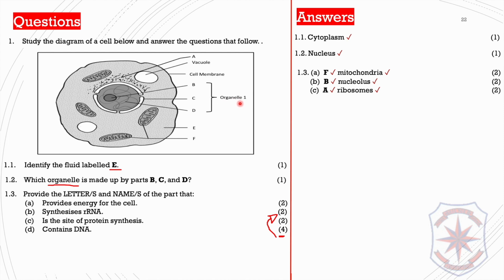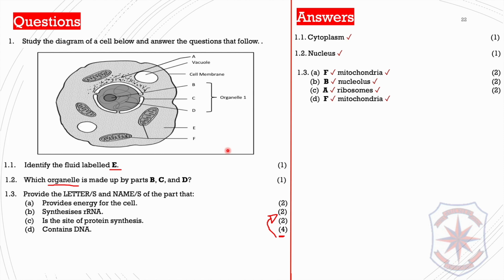So in organelle 1, and organelle 1 we said is the nucleus. 1 mark for organelle 1, 1 mark for the name nucleus. Okay. And then DNA is also found, as we will see in the next lesson, in structure F, which is the mitochondria.